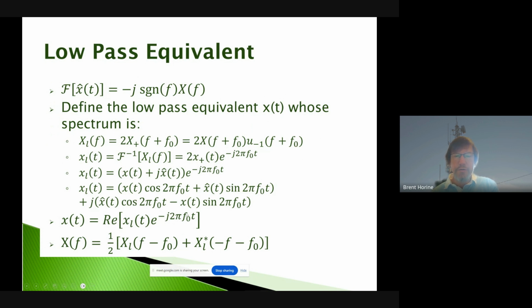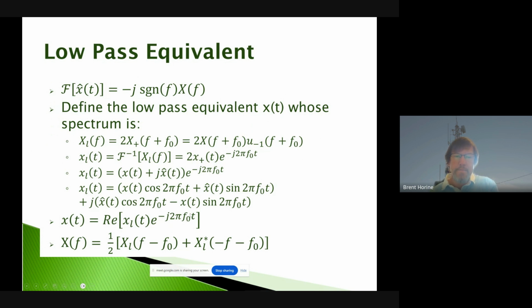So this is a carrier frequency, right? This is an impulse if we do the Fourier transform of this, at f naught and minus f naught.